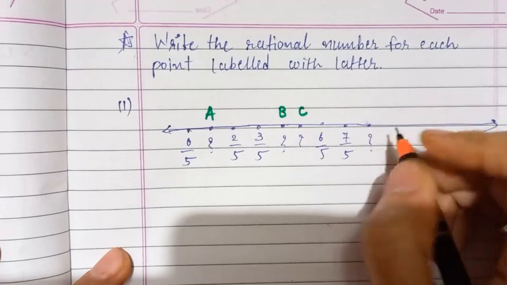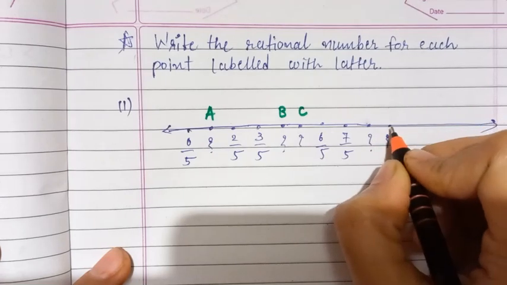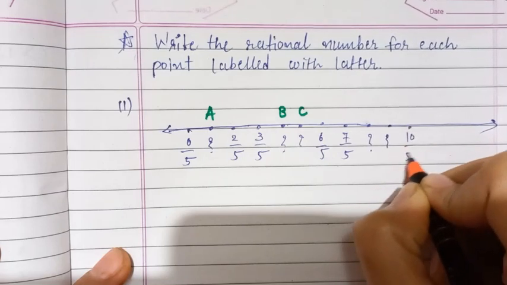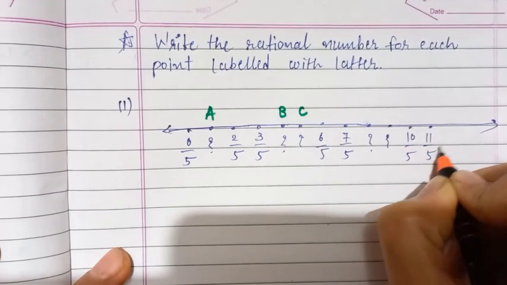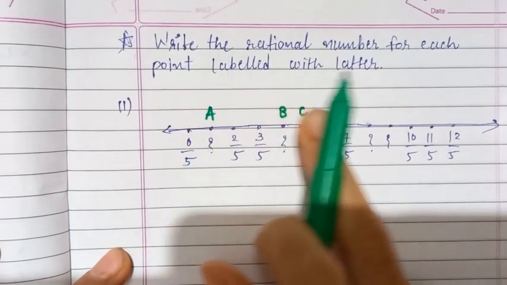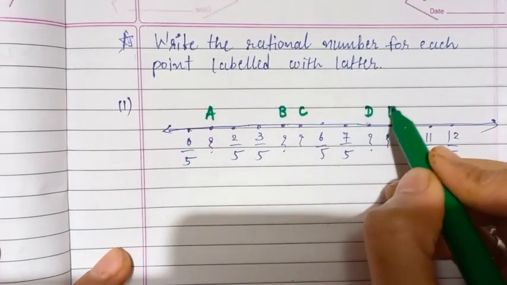Next, these two points are D and E. After that, 10 by 5, 11 by 5 and 12 by 5. We have to find A, B, C, D and E.